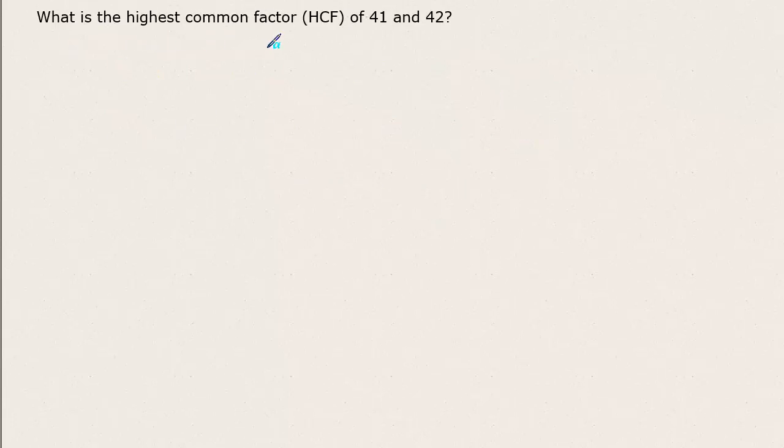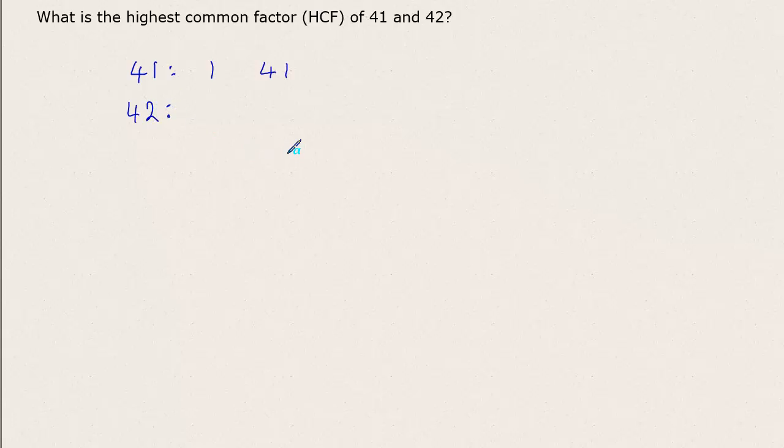What is the highest common factor of 41 and 42? We start looking for factors of 41. The only ones we'll find are 1 and 41, because 41 is a special type of number called a prime number.